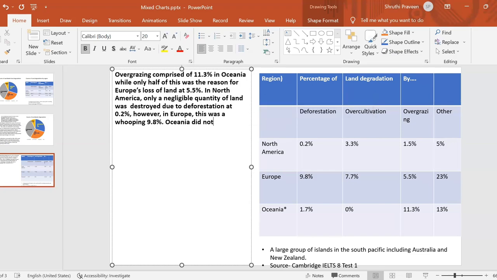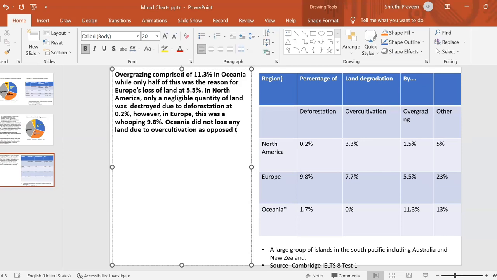Oceania did not lose any land due to overcultivation. But what happened in North America? As opposed to, okay, let me write as opposed to show contrasting numbers.